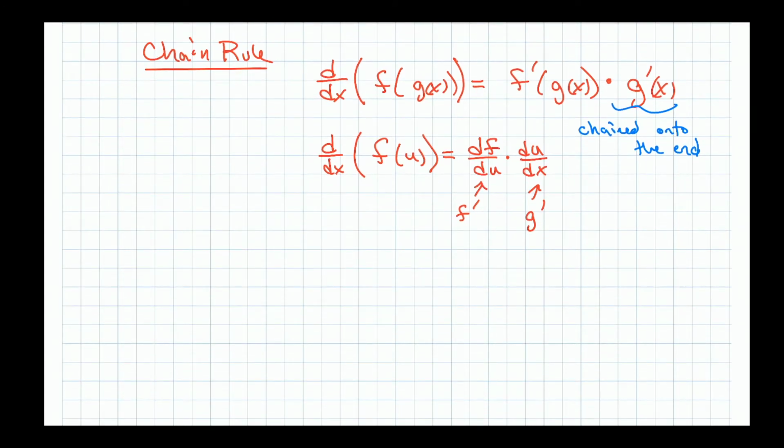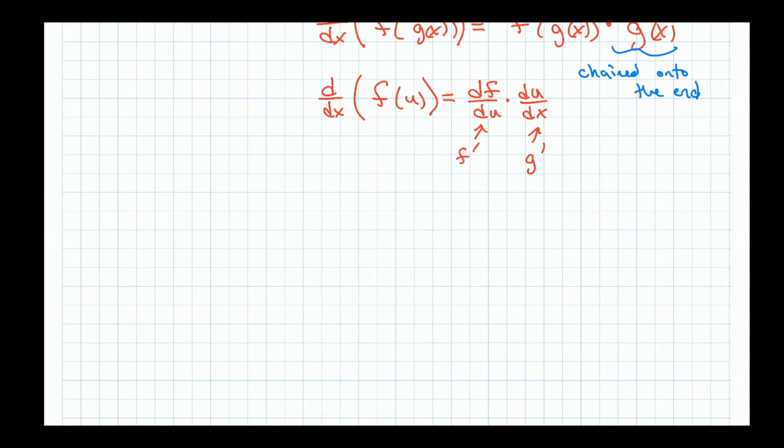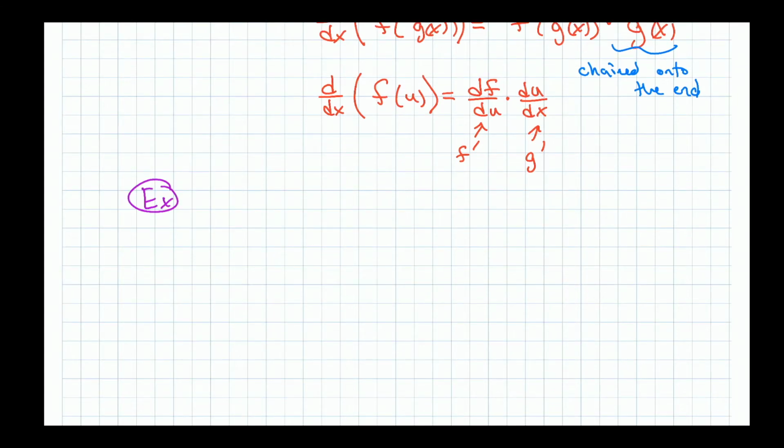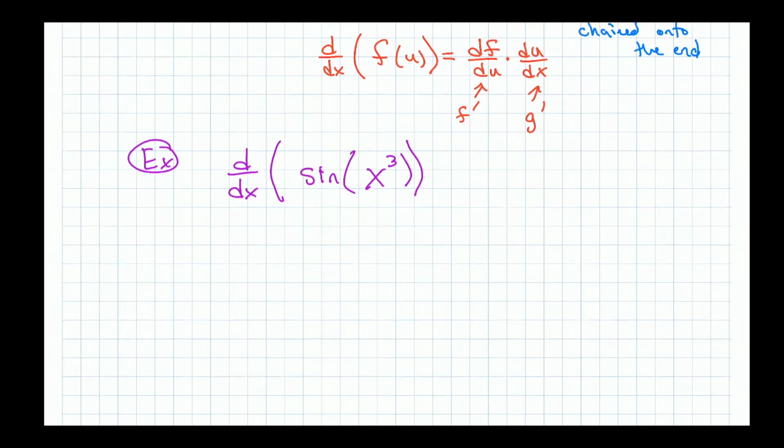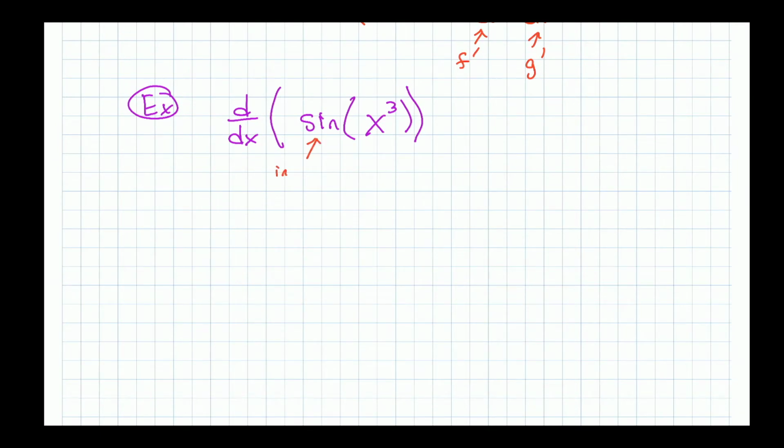Let's see some examples so I can actually show you how this works in practice. Whenever you have the derivative of a function in a function, like here, the derivative of sine x cubed, you have an outside function and an inside function.